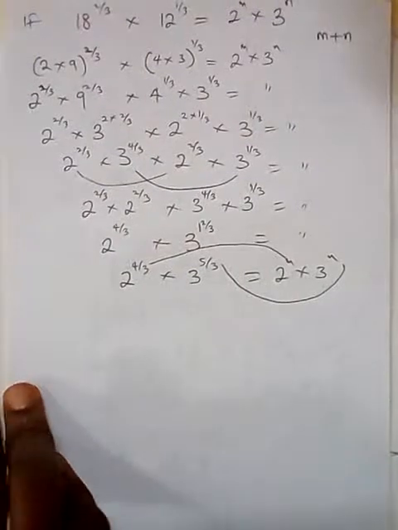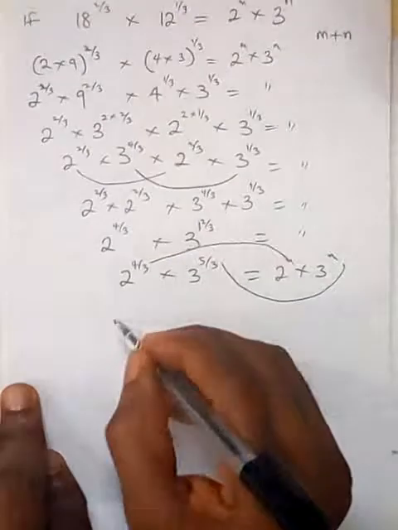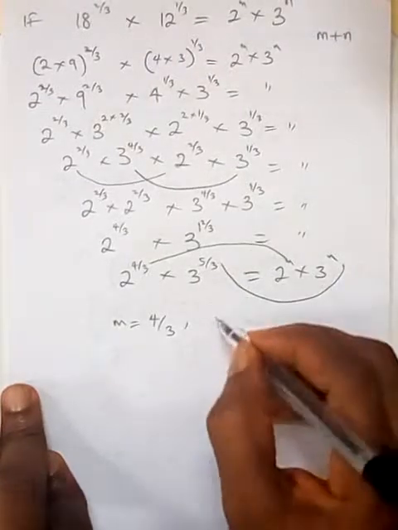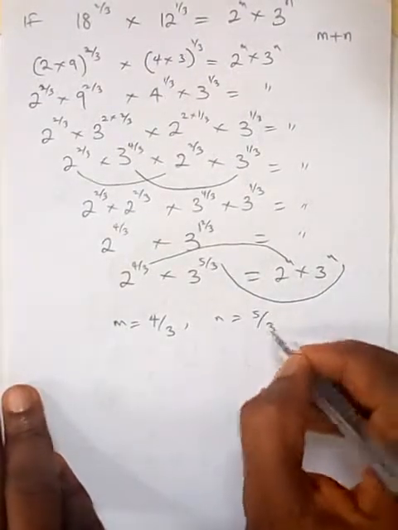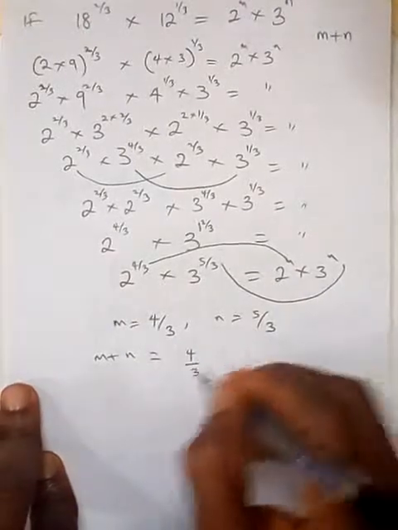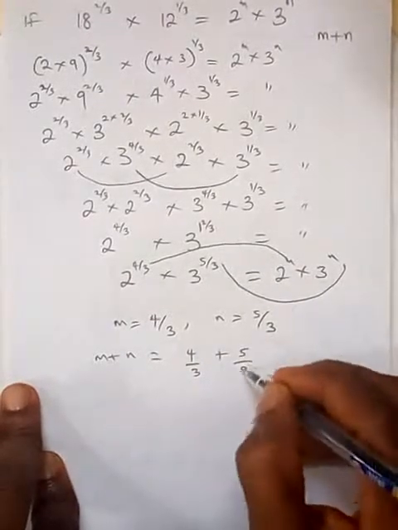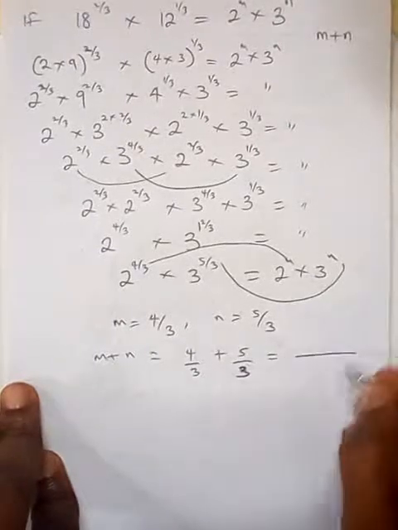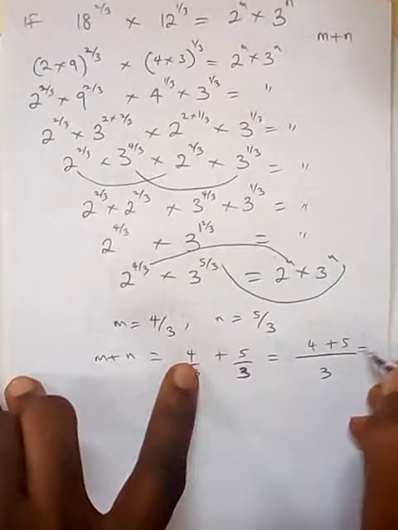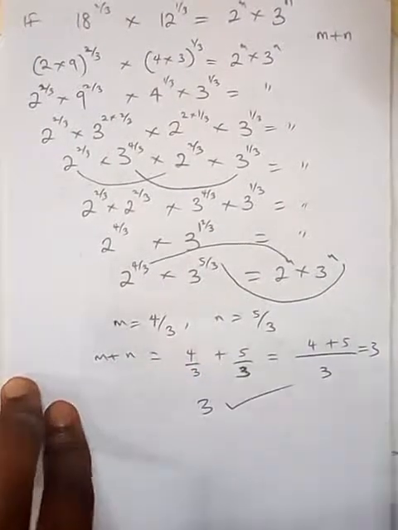So m is 4 over 3 and n is 5 over 3. So m plus n is simply 4 over 3 plus 5 over 3. The LCM is 3, 4 plus 5 is 9 over 3, and that's 3. So the answer is simply 3.